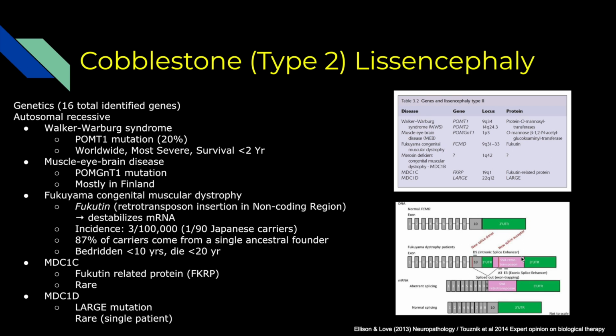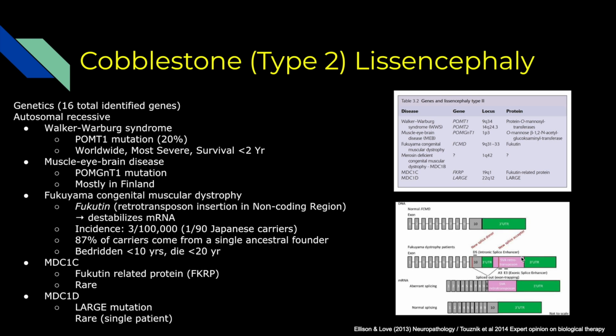This is the most common type. It's found almost exclusively in Japan. Incidence is 3 in 100,000. Some references we've seen suggest that 1 in 90 Japanese are carriers for this specific mutation.